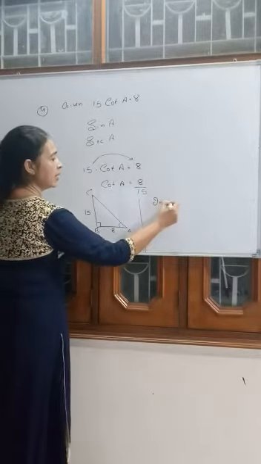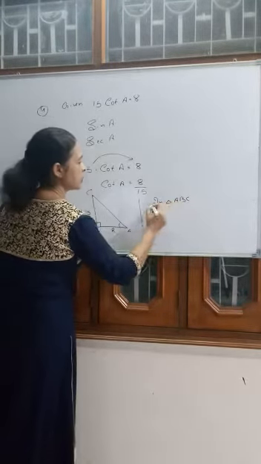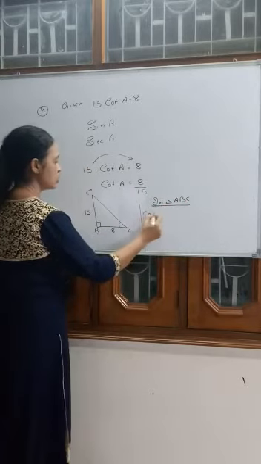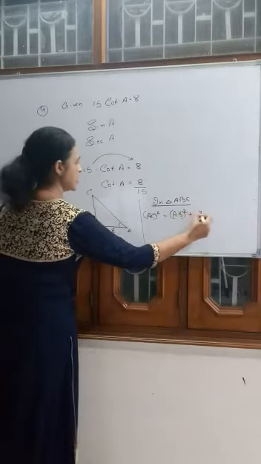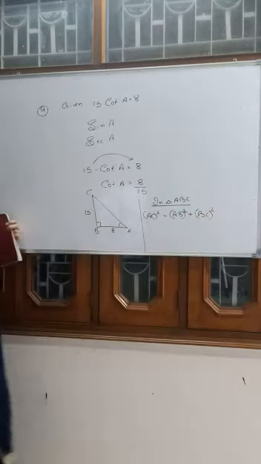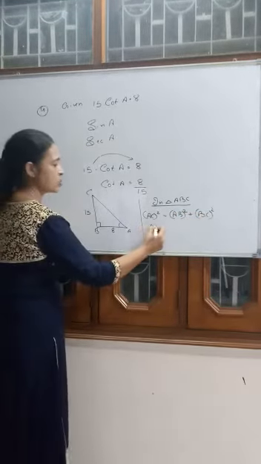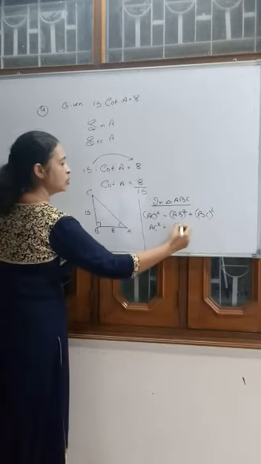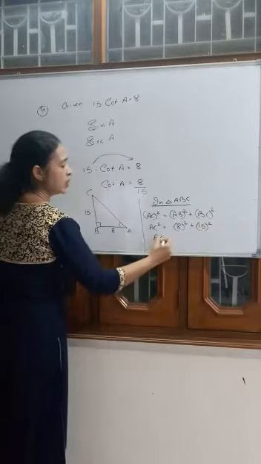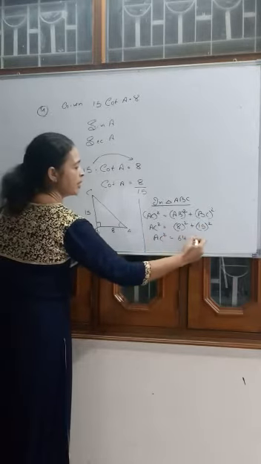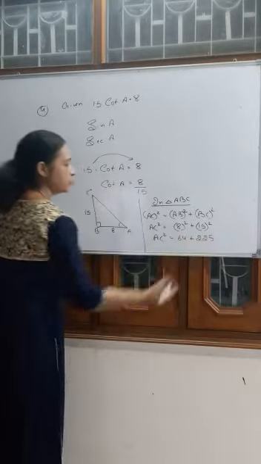In triangle ABC, AC whole square equals AB whole square plus BC whole square. We have to find AC square equals 8 whole square plus 15 whole square. AC square equals 64 plus 225.